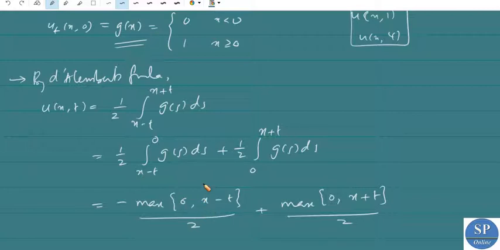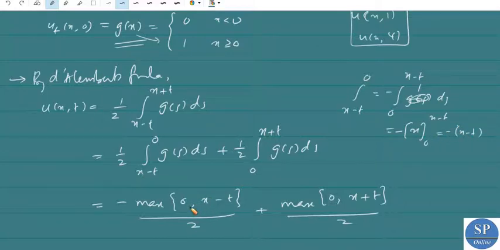And if x minus t is greater than or equal to 0, then the value of g is 1. The integral from x minus t to 0 will be minus the integral from 0 to x minus t of g(s) ds, and since g is 1 there, we get negative of x minus t.